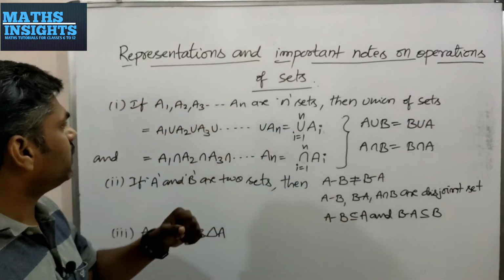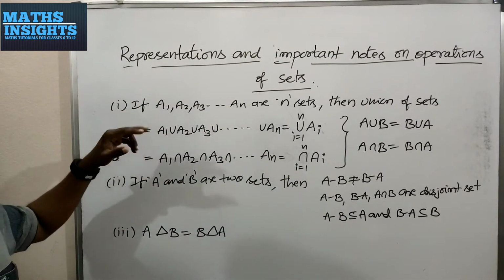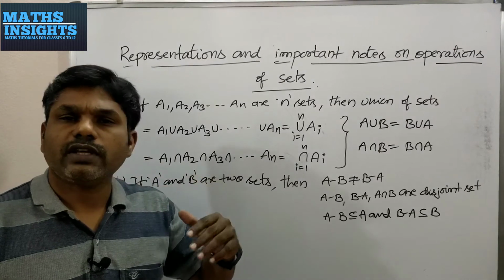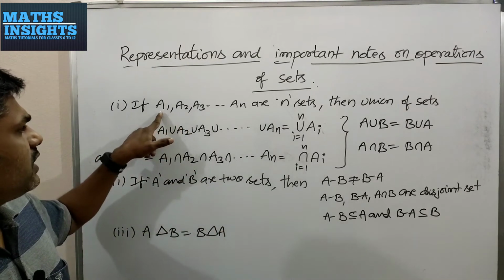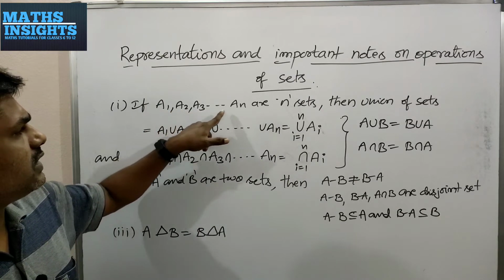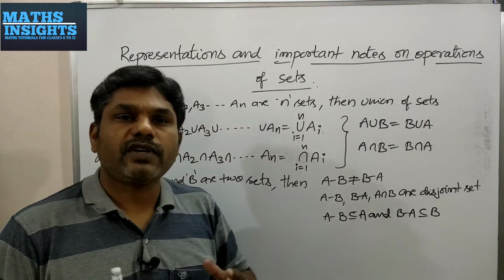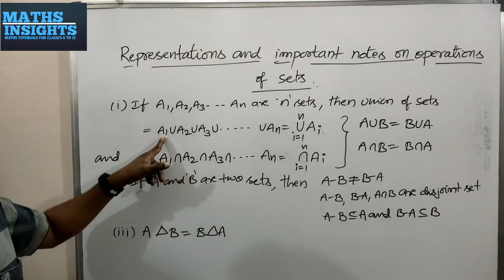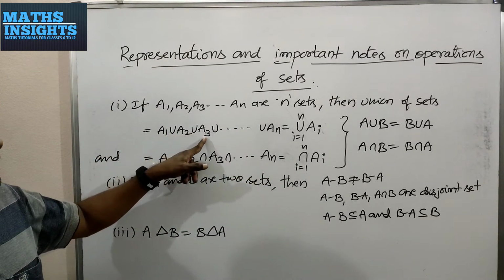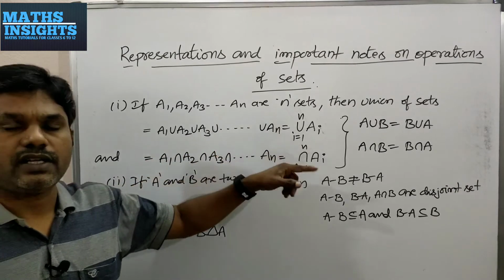Very important, all this. See, the first one is, if you want to do the union of more than two sets, let the sets be A1, A2, A3 and so on up to An. I am taking n sets. Then its union is represented as A1 union A2 union A3 and so on union An.